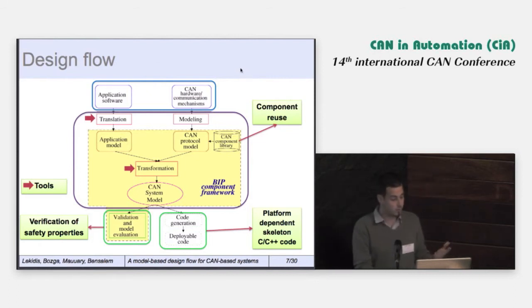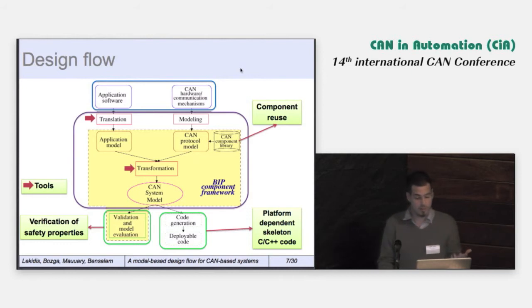From a description which is given actually in the application software, and the description which was given for the hardware, which means actually that I have a correct by construction implementation.